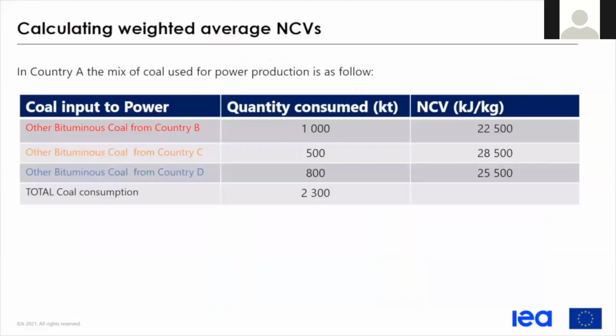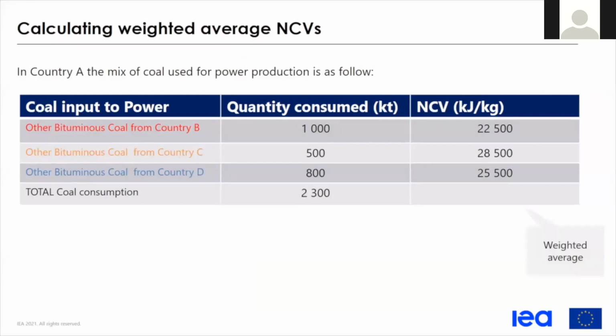As I told you before, calculating the weighted average for calorific values is important when you are working on coal because of the real variation you can encounter depending on the source of the coal. So here is a little example of a calculation in a country that uses a mix of calorific values of coal coming from three other countries.